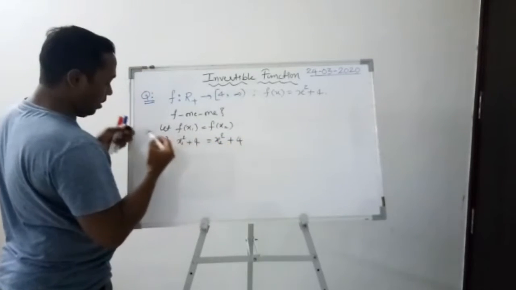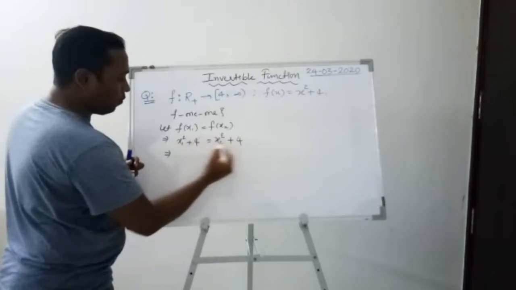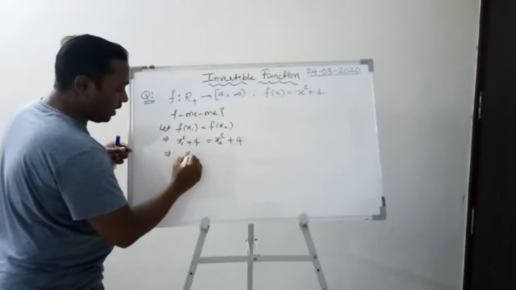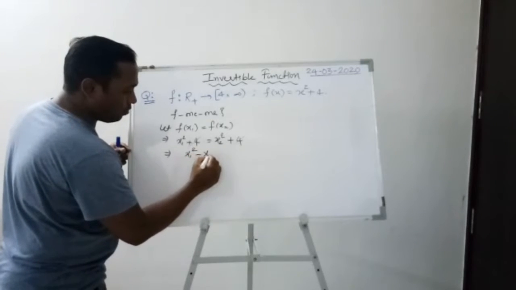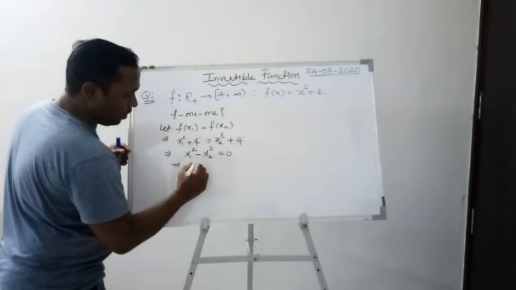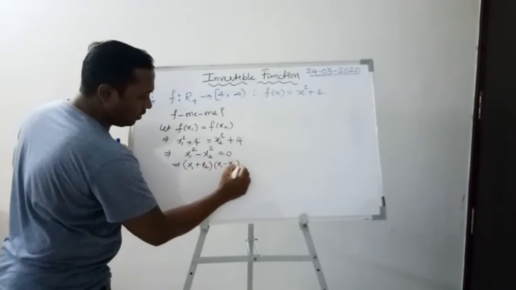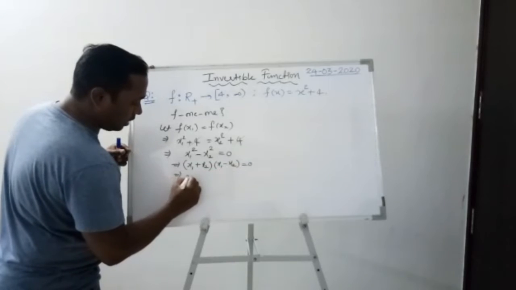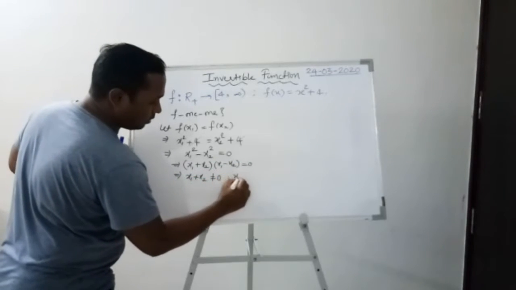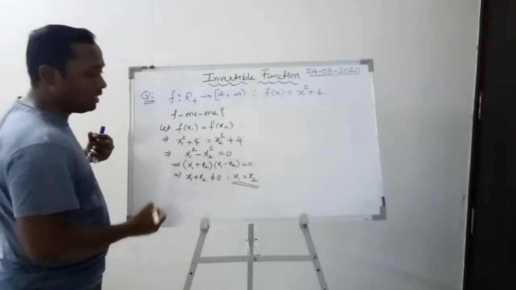Ultimately the 4 gets cancelled, so we may simplify this expression: x1 square minus x2 square equals 0. Here x1 minus x2 times x1 plus x2 is obtained by using an identity. So it implies that x1 plus x2 cannot be 0. Hence x1 equal to x2 is the only possible case left.